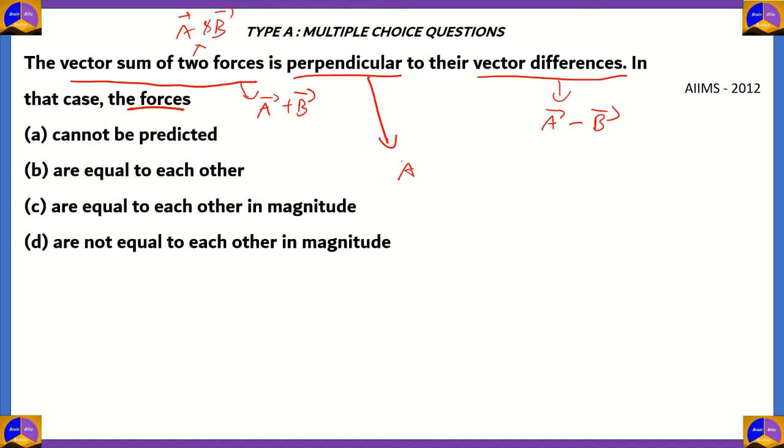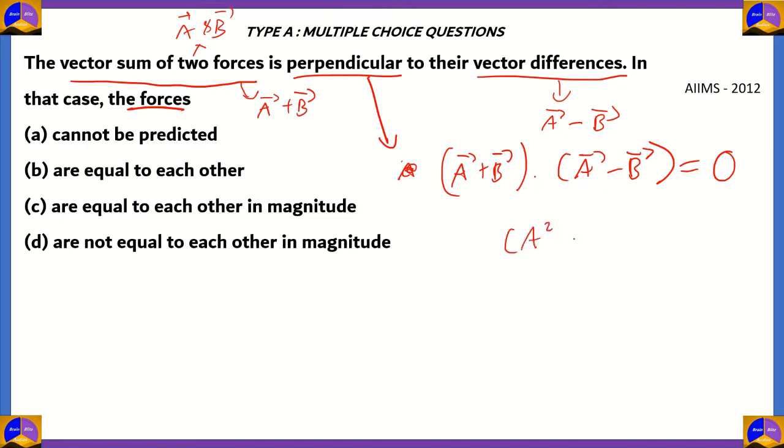So that means vector A plus vector B dot product with vector A minus vector B will be equal to 0. The dot product of two perpendicular vectors is 0. So A plus B times A minus B will give you A square minus B square equals 0.